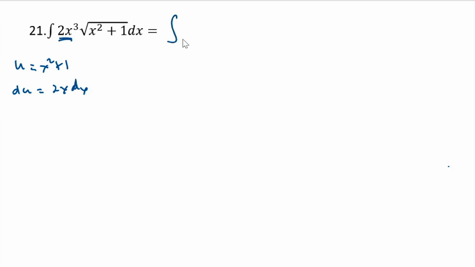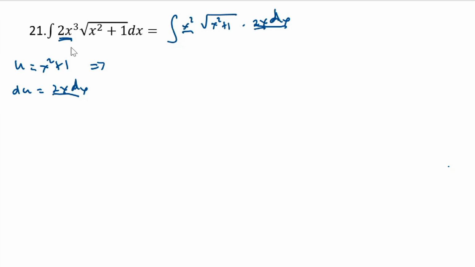So rewriting the given now, we have x squared times the square root of x squared plus 1 times 2x dx. So x squared times 2x will give us now 2x cubed. Now 2x dx is very clear, that is part now of the given. So we have now the meaning of 2x dx that is equal to du. But we have still another extra variable of x squared.